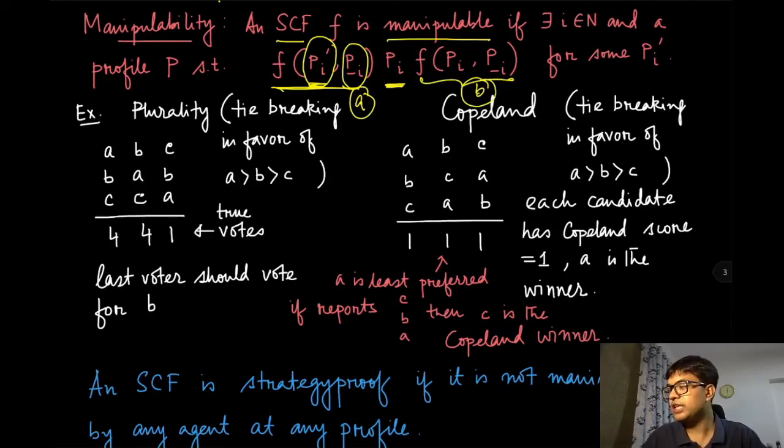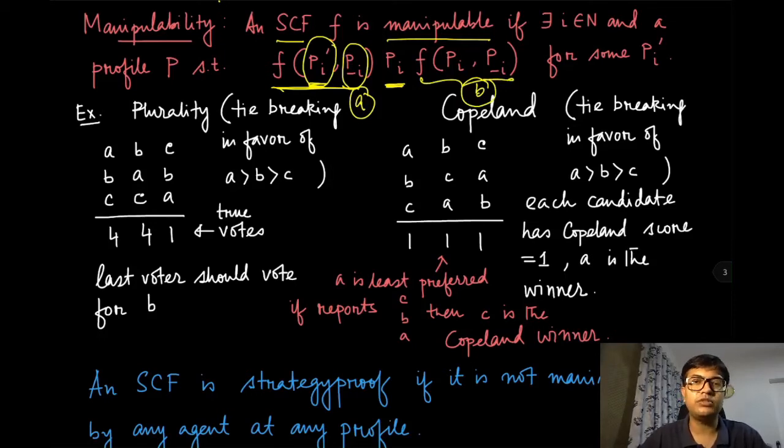So we have seen this kind of a definition in the context of cardinal preferences, and this is ordinal preferences, about dominant strategy incentive compatibility. So you can just invert or negate this statement of non-manipulability.